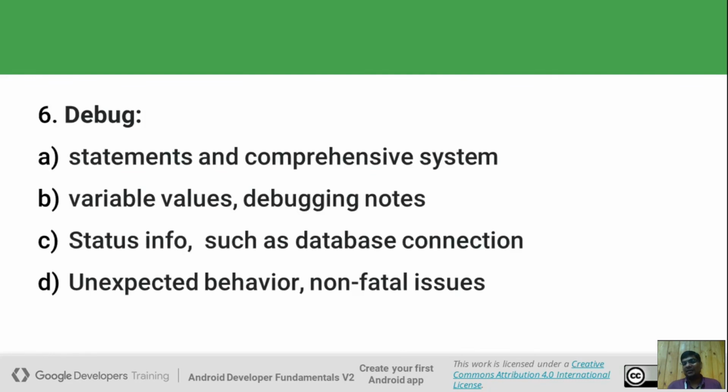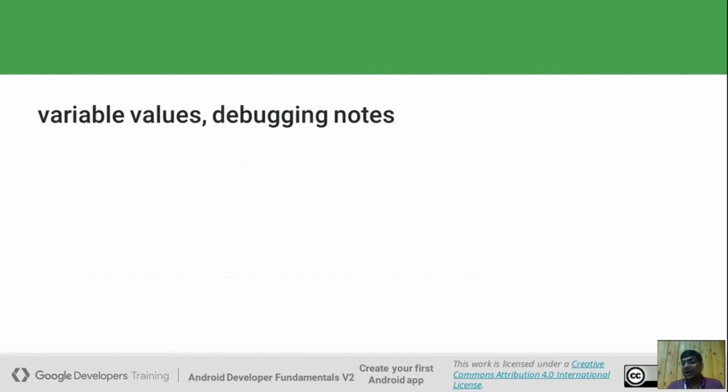Next MCQ is, what is Debug? Debug means variable value and debugging notes. So the answer is the B option, variable value and debugging notes.